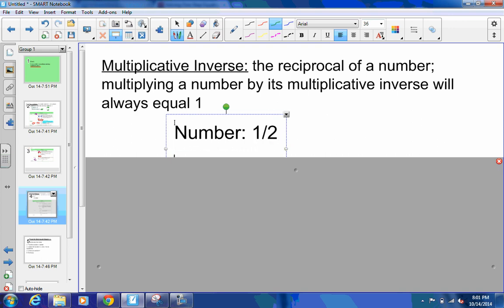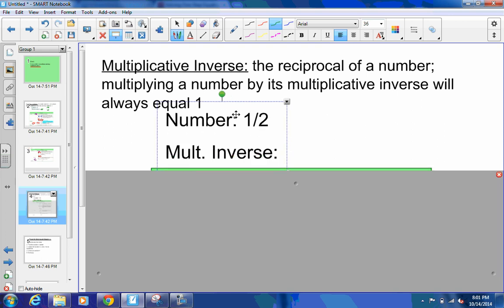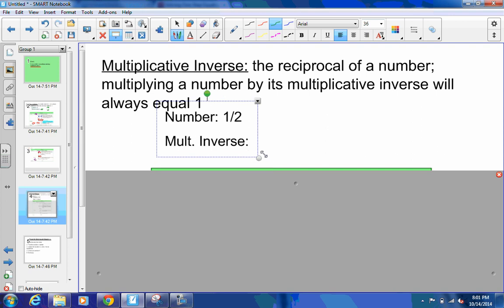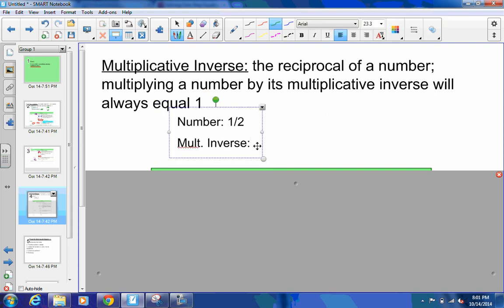1/2. The multiplicative inverse, and I will show this to you, is just flipping the fraction over. It's finding that reciprocal, which you hopefully know the reciprocal are flipping it.